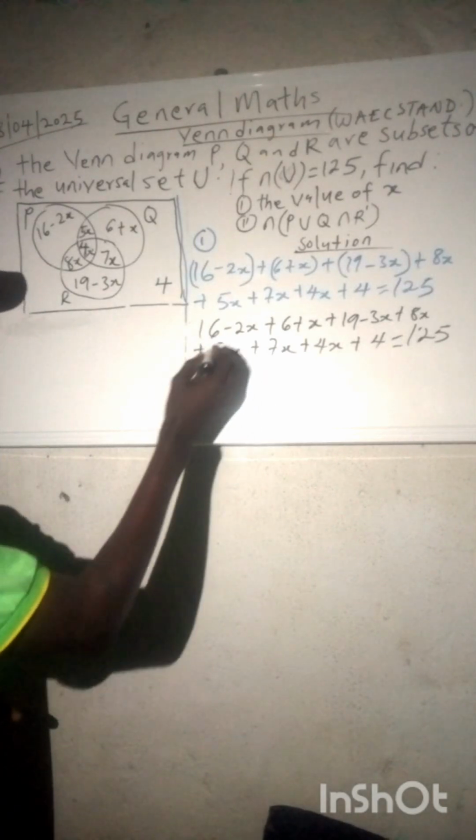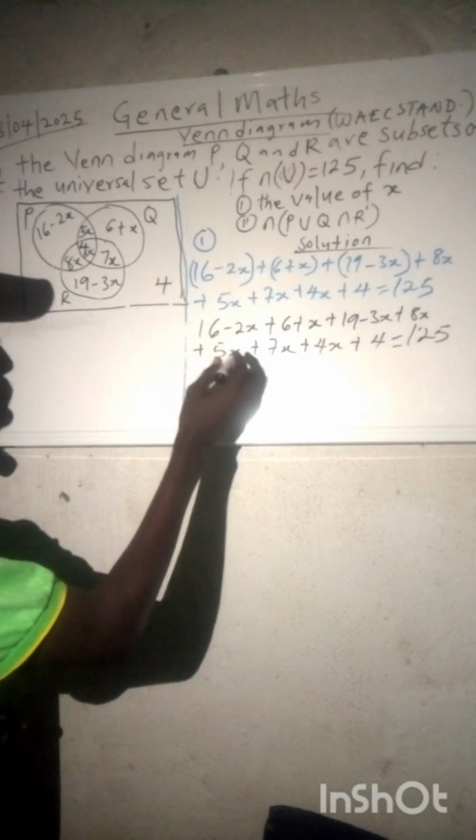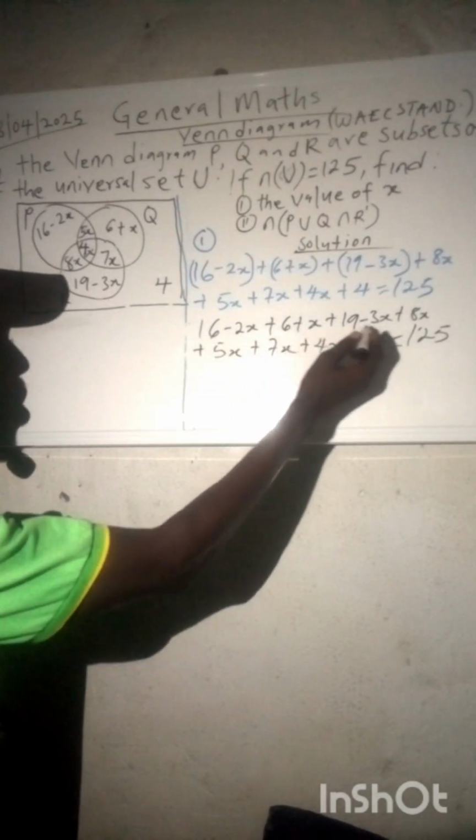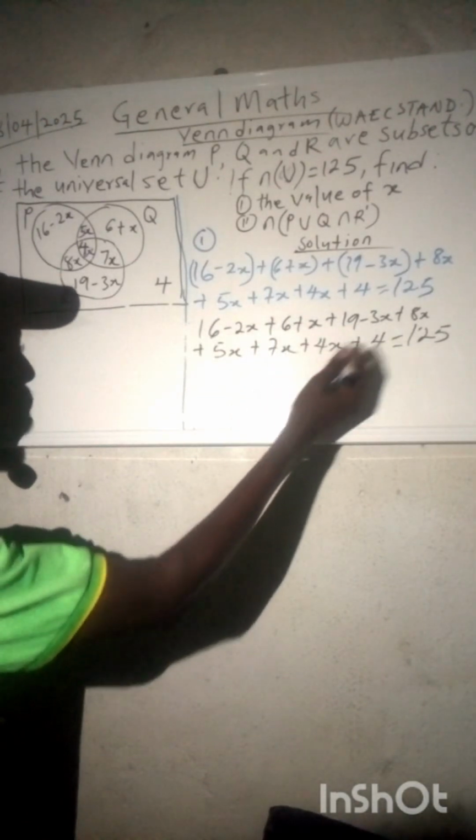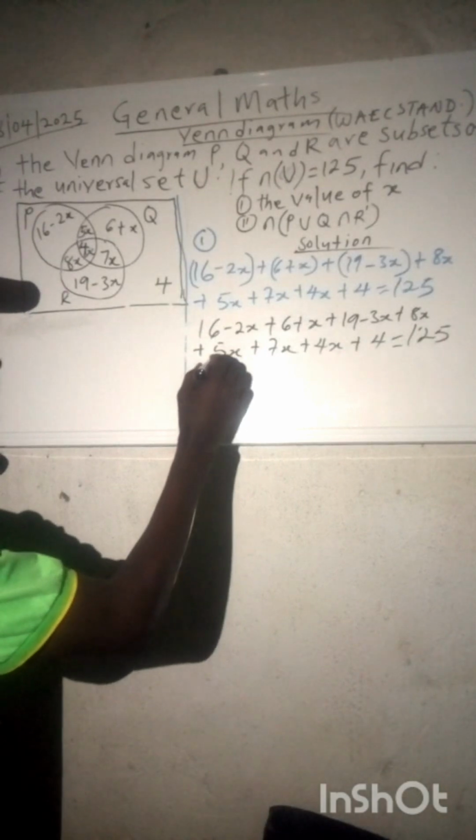So the next thing is to regroup. By the time you regroup, you deal with the numbers, you add up 16 plus 6 plus 19 plus 4, we will get 45.